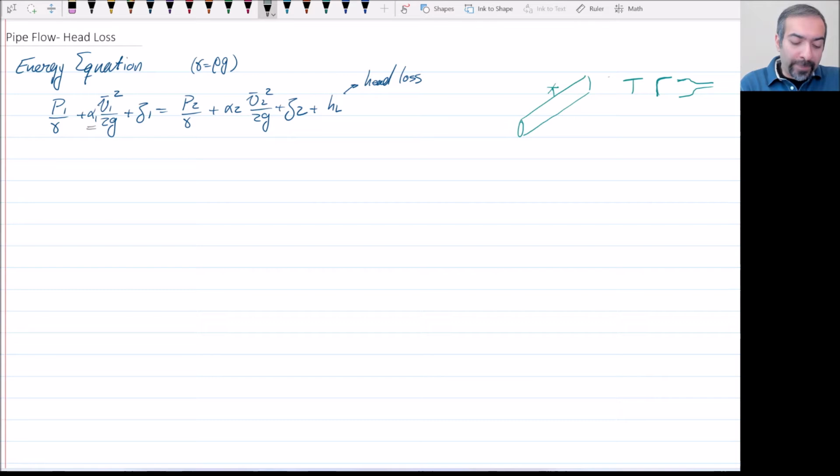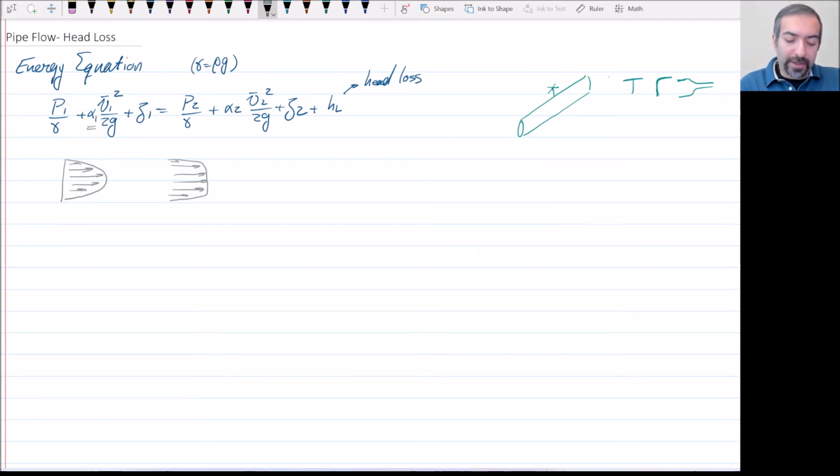So for example, let me ask you this question. Poiseuille flow versus turbulent flow: which one has a larger alpha? This is a velocity profile in a Poiseuille flow. It's parabolic. And in a turbulent flow, the velocity is more uniform. Let's assume we have the same volume flow rate, so the average velocity is the same in both cases.